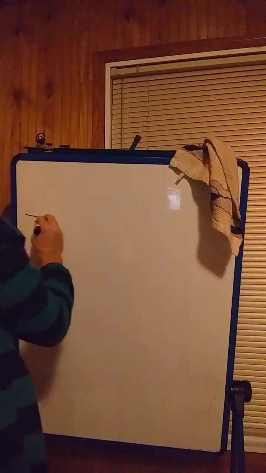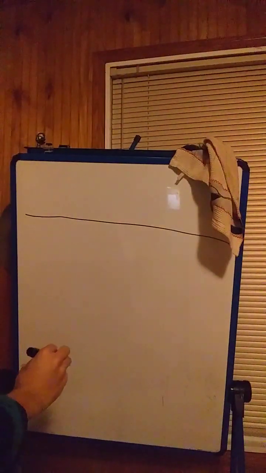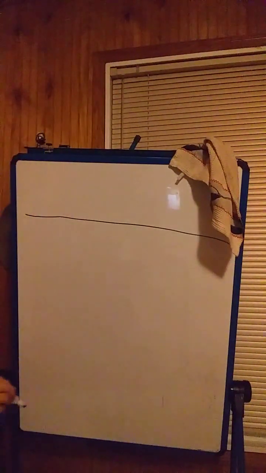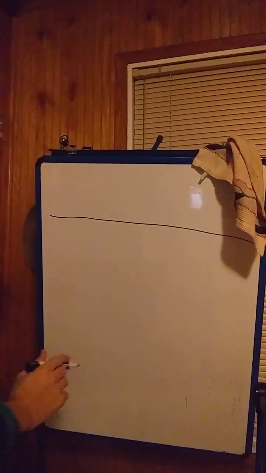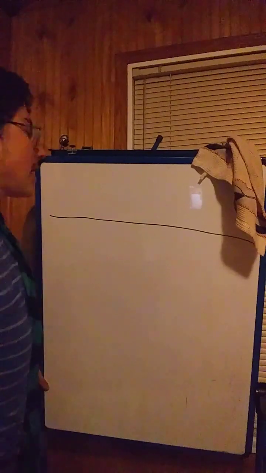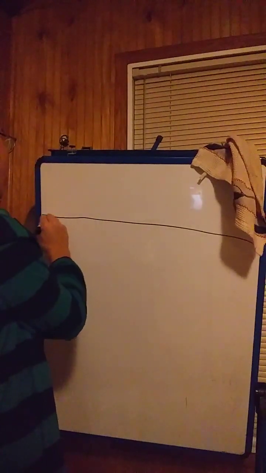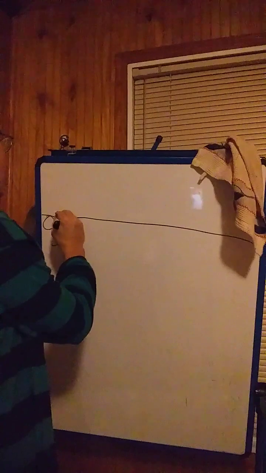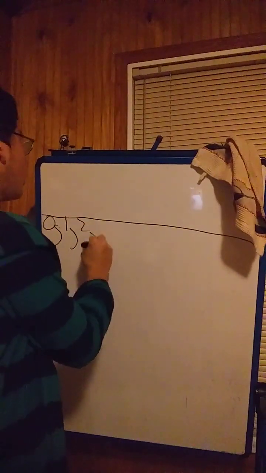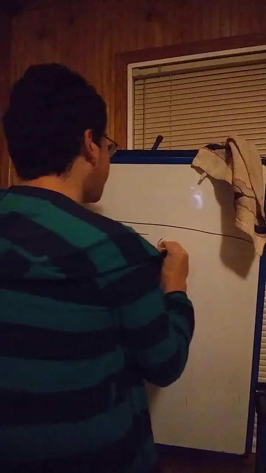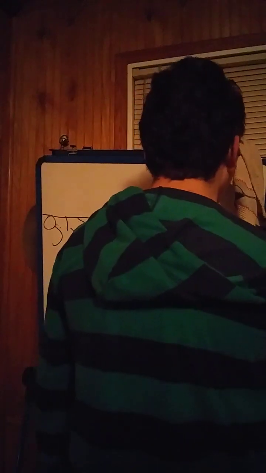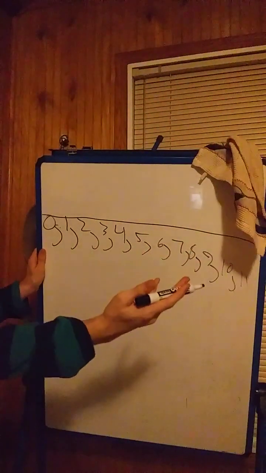Now, we are going to be looking at the number line. So, for the beginner's perspective, when you think of a number line, you think of the 0 starting right here, and then say you have 1, 2, 3, 4, 5, 6, 7, 8, 9, 10, 11, and so on and so forth.